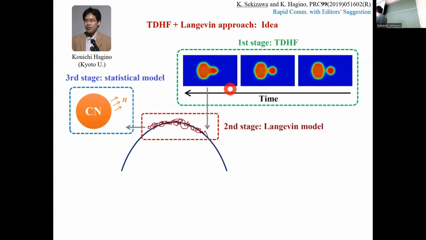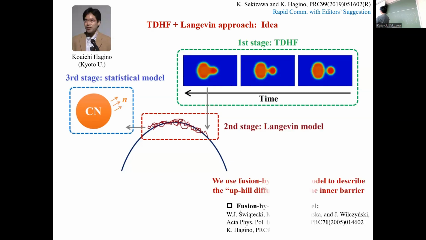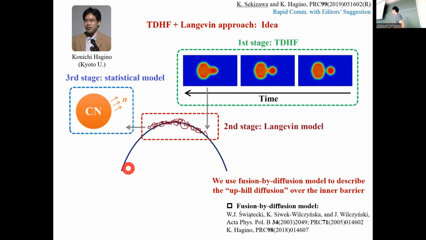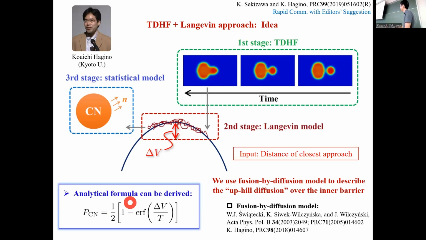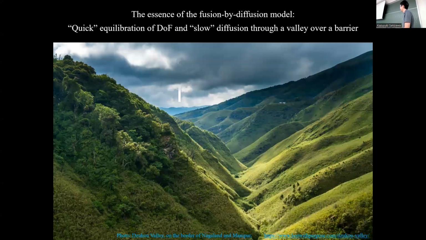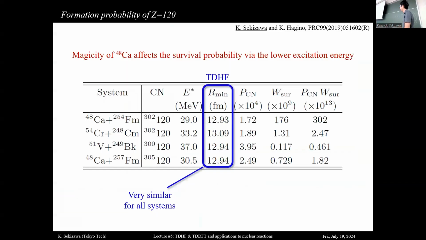So using TDHF, we can get this contact configuration, and we can connect this information to the model that can describe the diffusion over the inner barrier to produce the compound nucleus. So I will skip. I just give you this image, and I skip the details of the model.